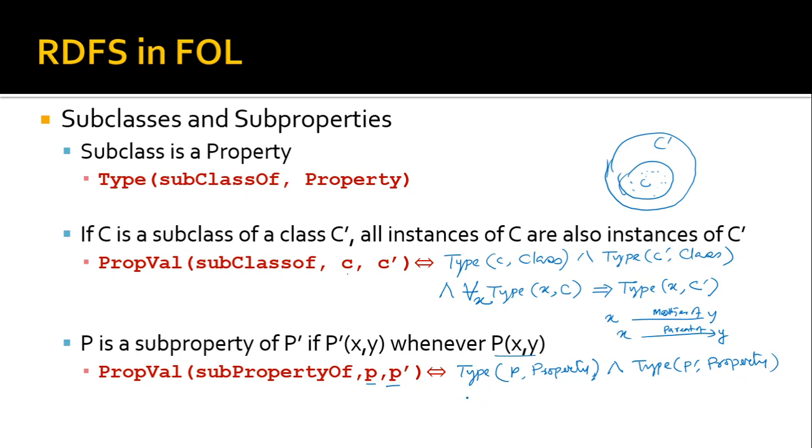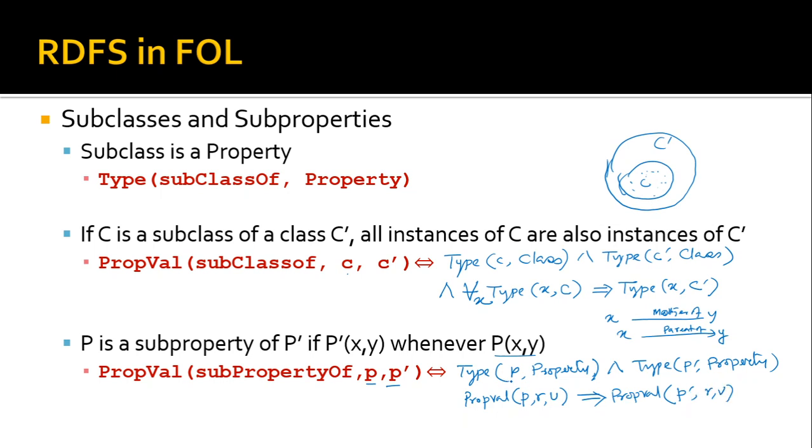And whenever you have something like this PropVal, what is the first element in PropVal? The property name, then resource, then value, right? If you have something like this, then you can also say that PropVal P prime R V, right?